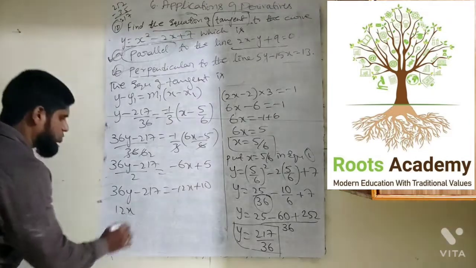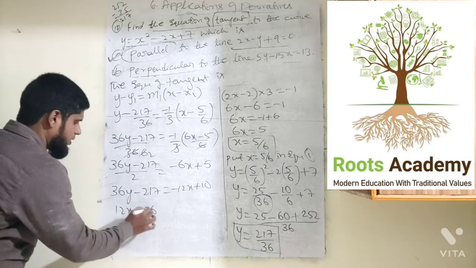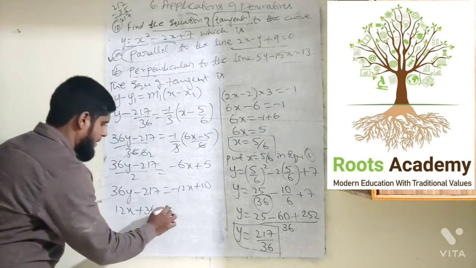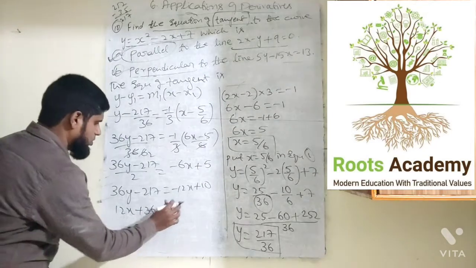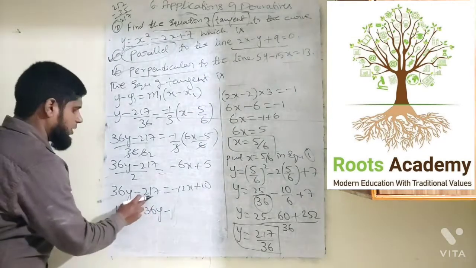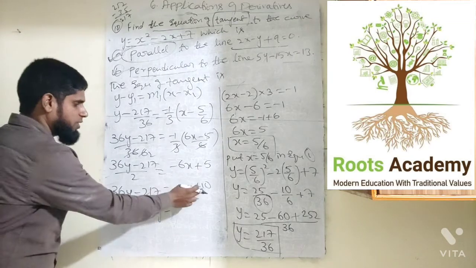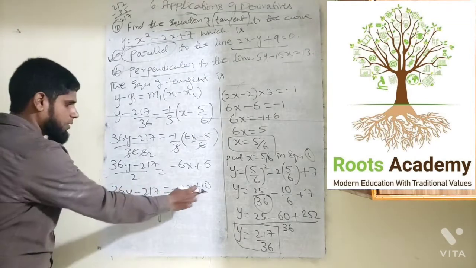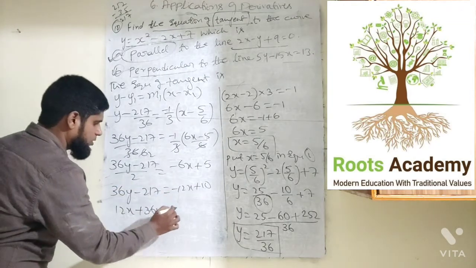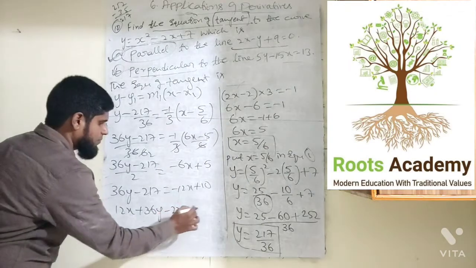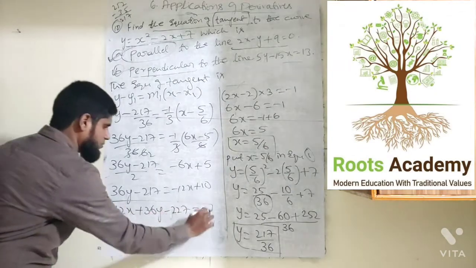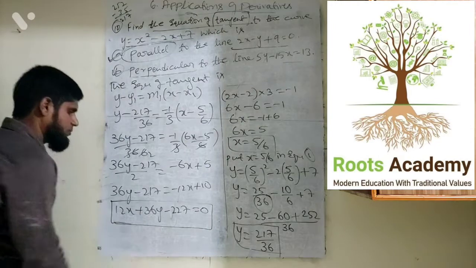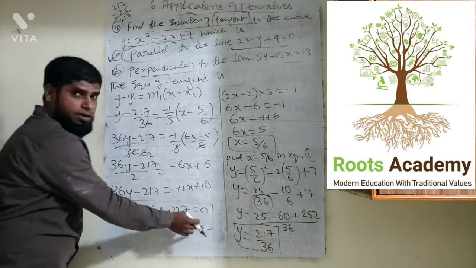So I will get 12x plus 36y minus 217 minus 10. If I shift this 10 to this side, it becomes minus 10, minus 227. This is equal to 0. So this is the equation of the tangent.